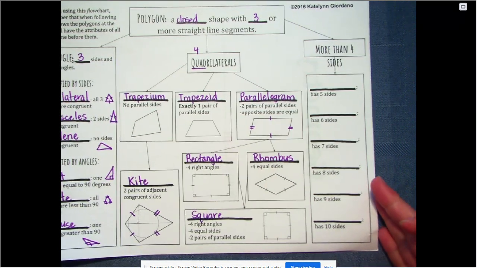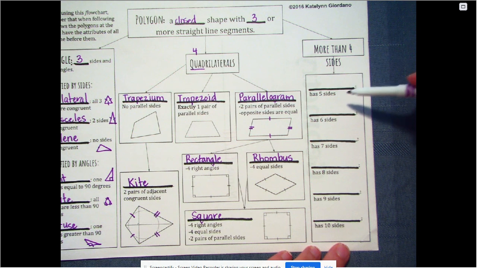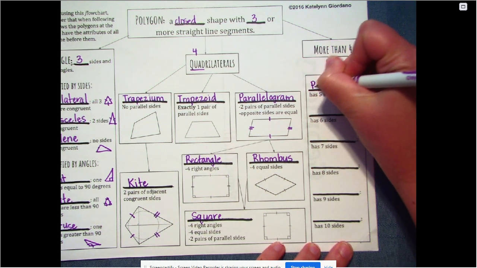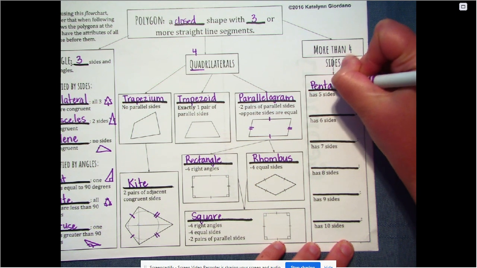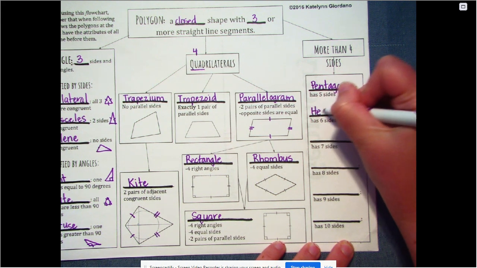And then our last category is any polygon that has more than four sides. So a polygon that has 5 sides is a pentagon. A polygon that has 6 sides is a hexagon.